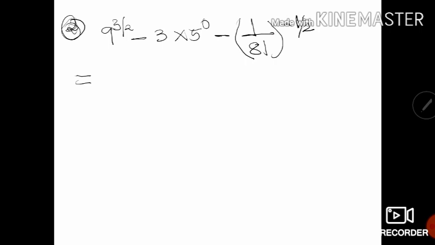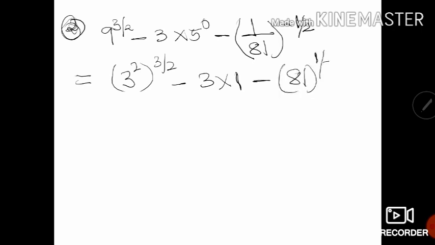So to make the power positive we will take the reciprocal of the base. And in the first term 9 can be written as 3 square. So 3 square to the power 3 on 2 minus 3 into 5 to the power 0 is 1 minus 81 to the power half.